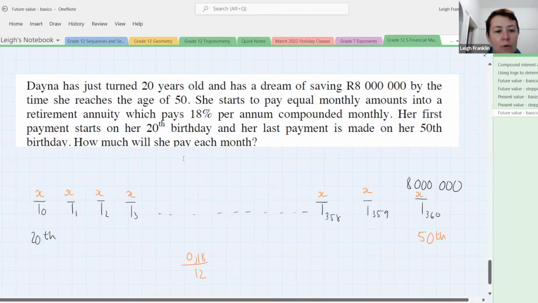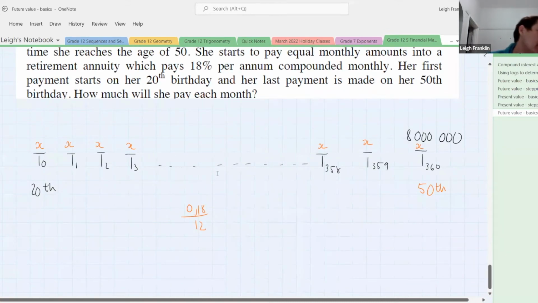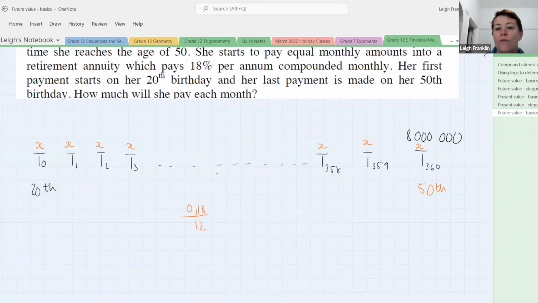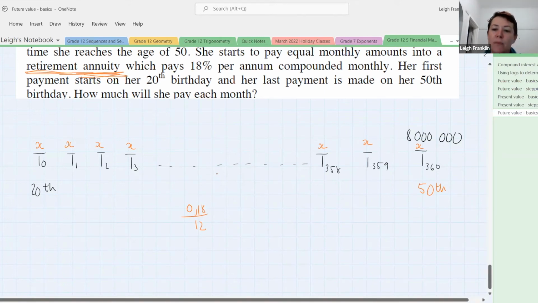Now we need to calculate her monthly repayment. In other words, they want us to calculate the value of X in the future value formula. It's a retirement annuity, which means she's saving the same amount of money every single month.